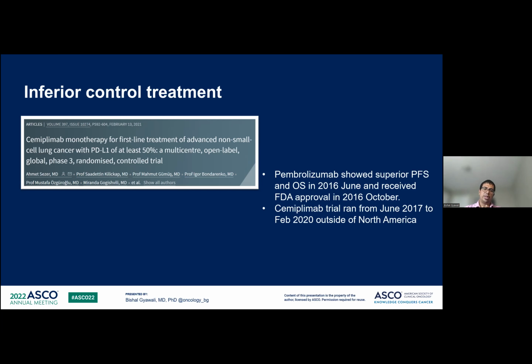So what I'm trying to say here is these patients would have received pembrolizumab, which is better than chemotherapy, if they were not a part of this cemiplimab trial. But because they were a part of the cemiplimab trial, patients who got randomized to the control arm received chemotherapy, which we already know is inferior to pembrolizumab.